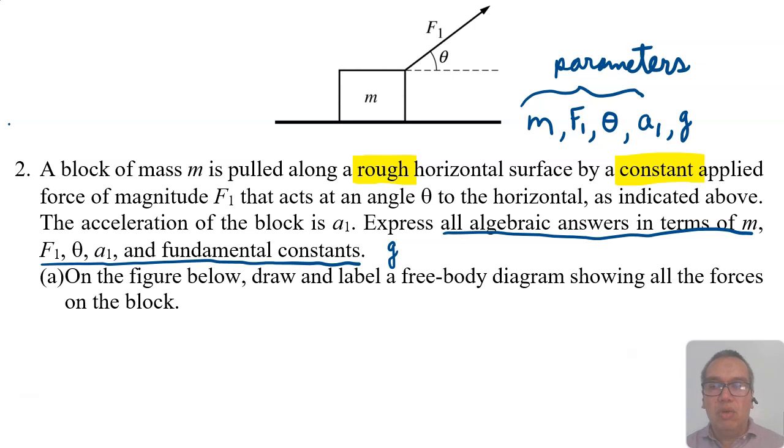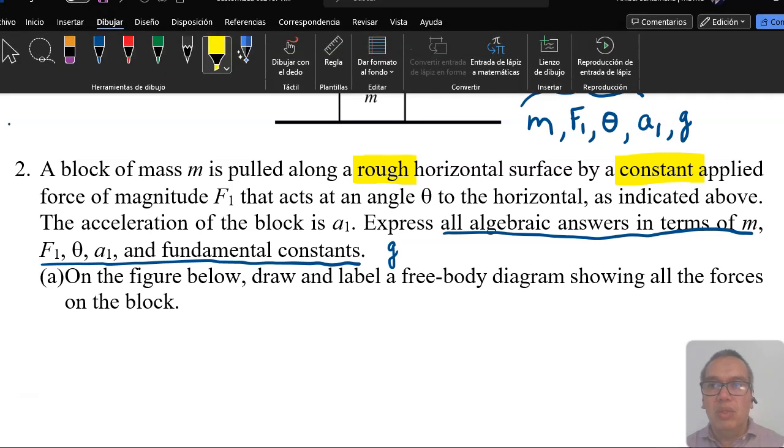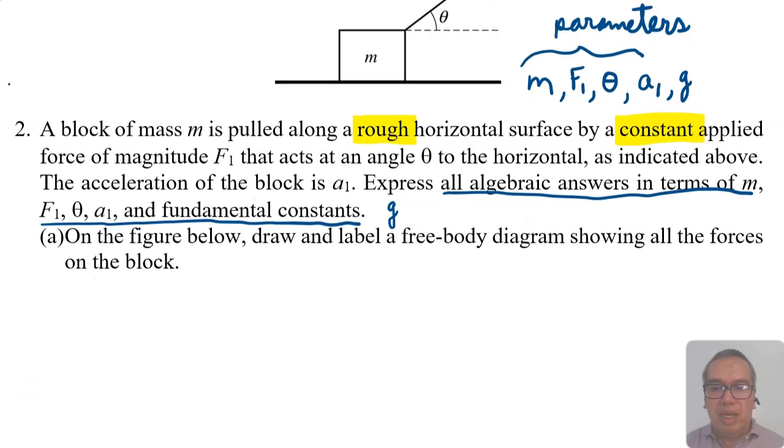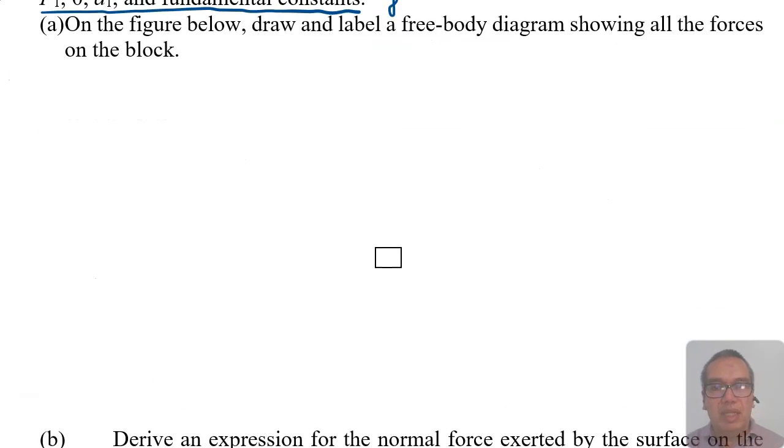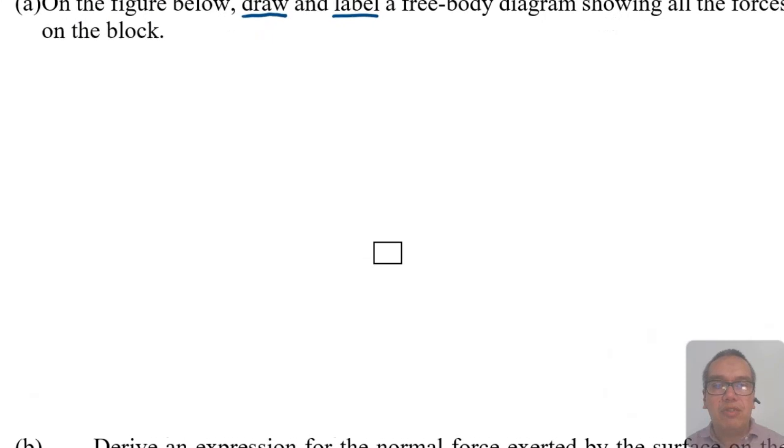And so whenever we do the free body diagram, we need to start by looking at a representation of the object. In this case, they give you this little rectangle here, and they tell you, draw and label a free body diagram showing all the forces below. It's not only enough that you draw it, you also have to label each force.